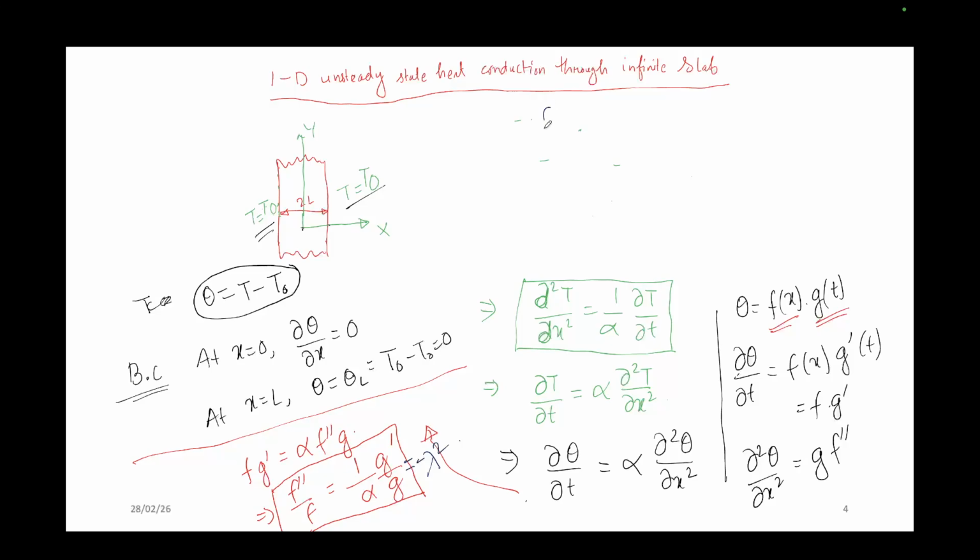That means I can write f double dash by f is minus lambda square, and the next, 1 by alpha, g dash by g, is also minus lambda square. Now I can easily solve this one.